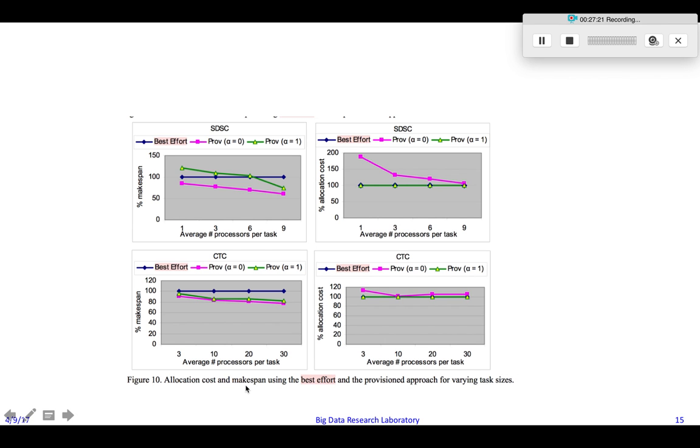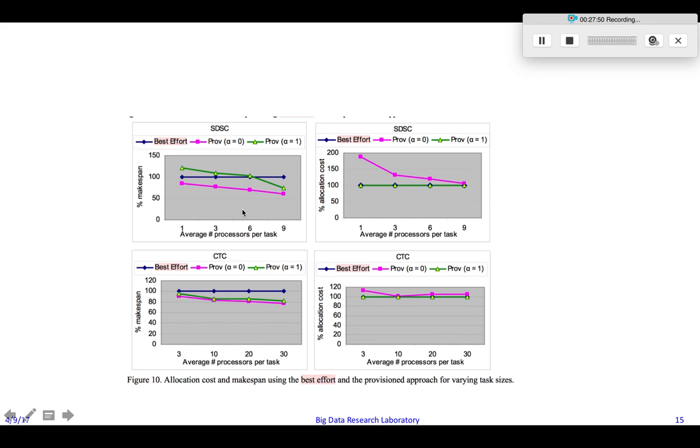Here is the allocation cost and the makespan using the best effort and provision approaches for varying task sets. It shows the effect of the task sets on the makespan and the allocation cost of best effort and the provision approach on the two clusters. Different task sets can be transferred into the needed processors per task.